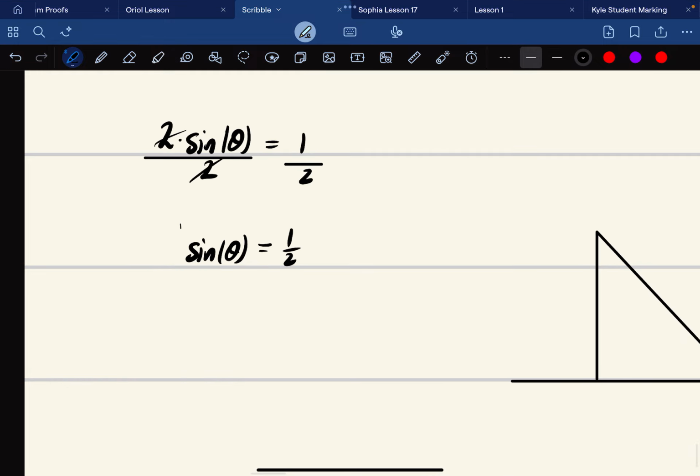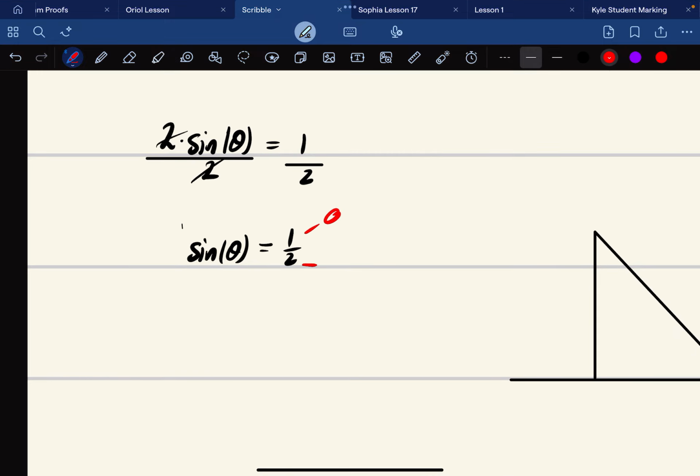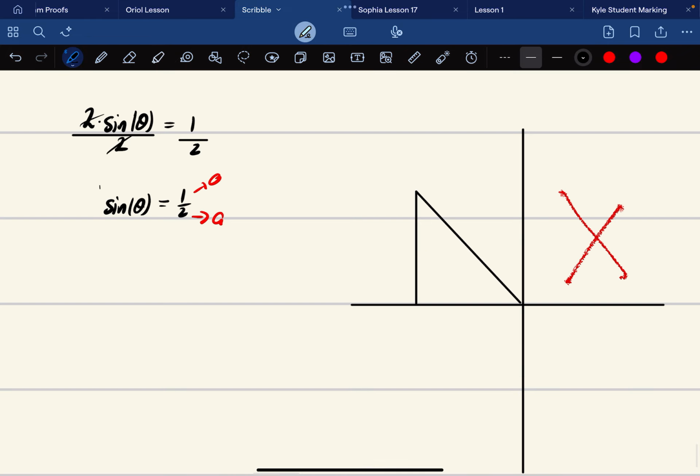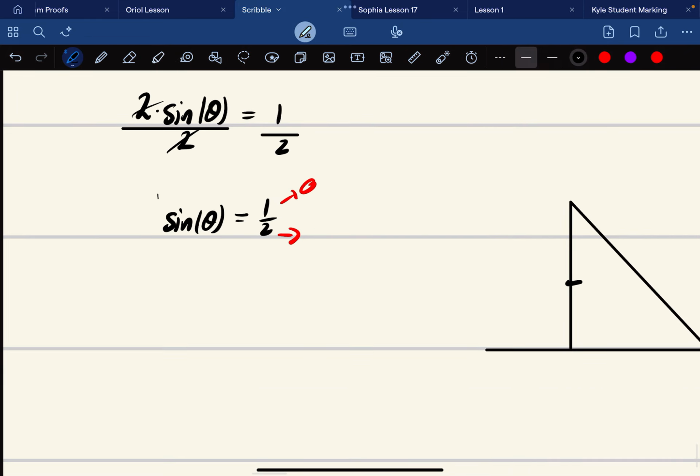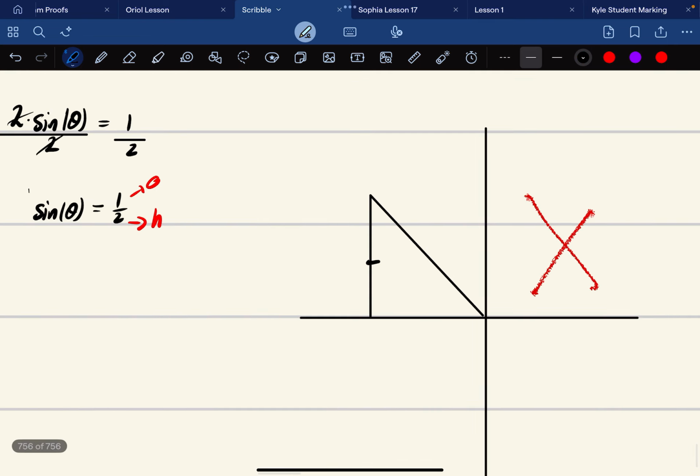So again, sine is opposite over adjacent. I'm silly. Sorry. It's opposite over hypotenuse, isn't it? Opposite over hypotenuse. So here's our theta. Our opposite is 1. Our hypotenuse is 2.